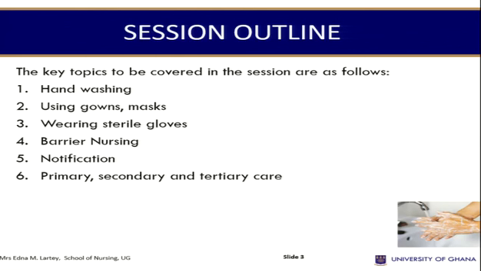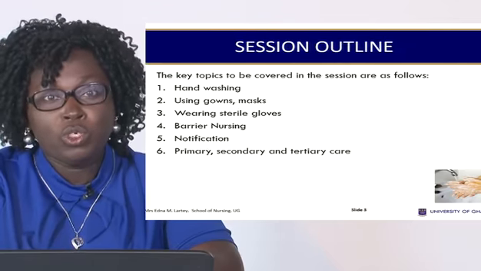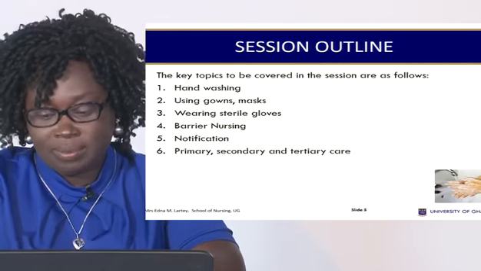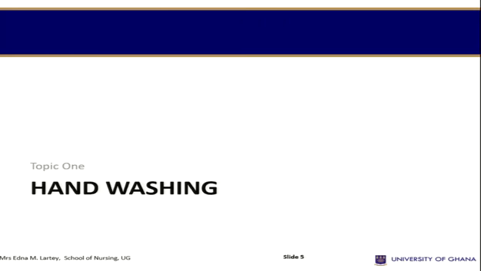For hand washing and using gloves and masks, we will demonstrate how to don those items. For your reading, we have Latte Edna 2014, Tips on Practical Nursing Procedures by Mass Associates, and Standard Procedure Manual for Nurses in Ghana, Volume 1.